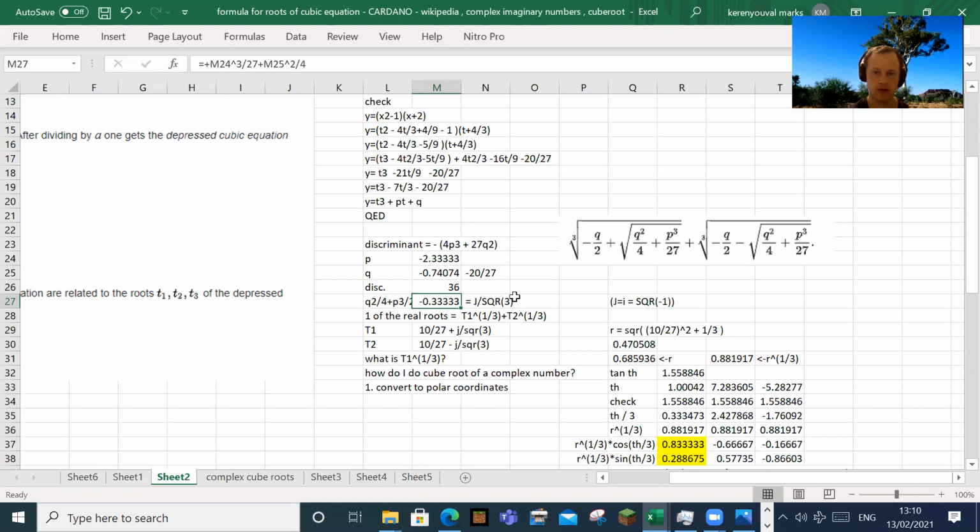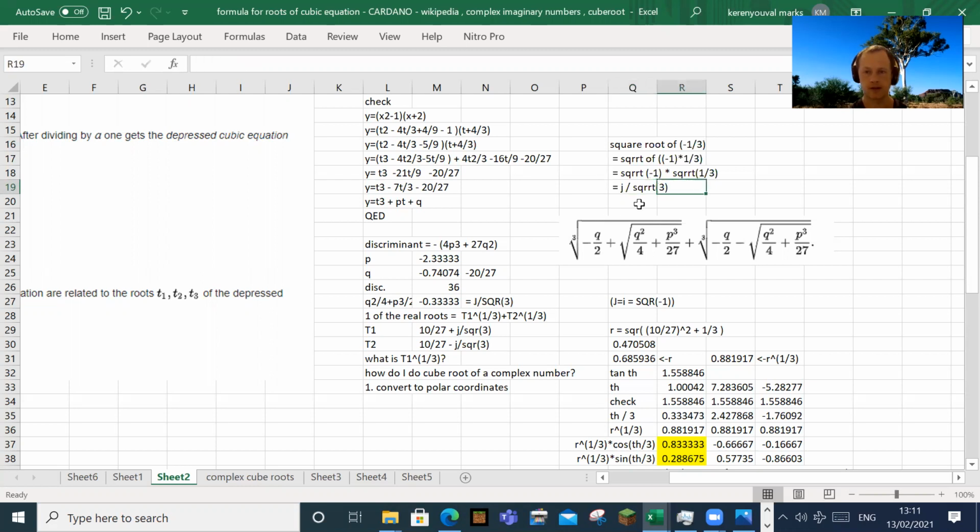So the square root of minus 1/3 equals the square root of minus 1 times 1/3, which equals the square root of minus 1 times the square root of 1/3, which equals j divided by the square root of 3.